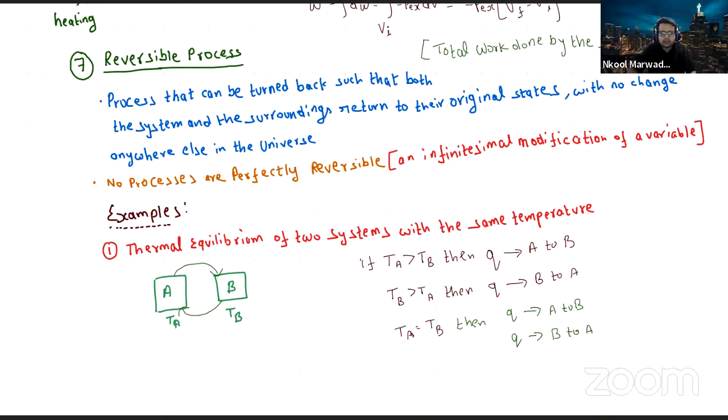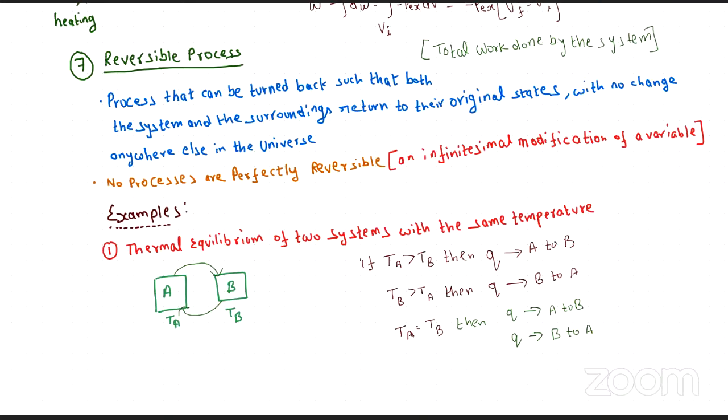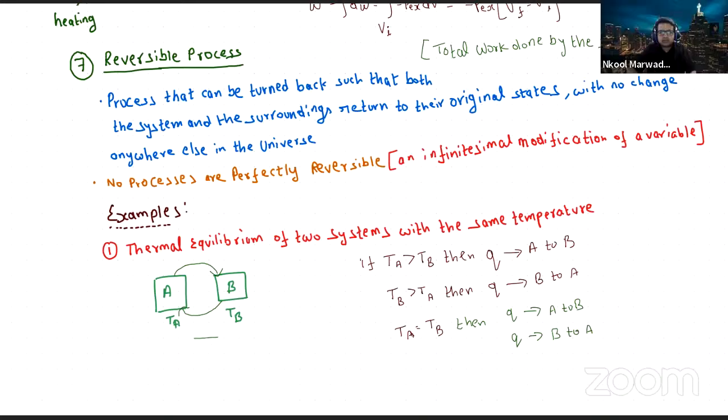This cycle is what we represent here, and it also represents the reversible state: A to B, then B to A. So once again we reach the original state of A. From A to B we went, and from B to A we came back to the original state. So thermal equilibrium is a reversible process, and why it occurs is also clear to us.